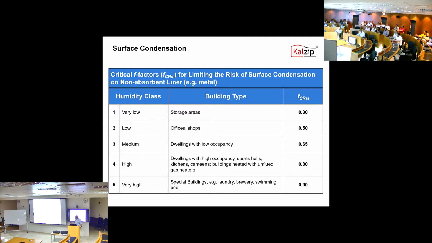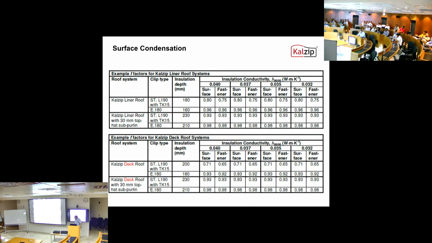And this is the F factor figure, depending on what the building classes are. So you can see if it's high humidity, you need to make sure that the F factor, the internal surface temperature factor, is greater than 0.9. And this is a summarisation of the F factors we've achieved by using the E-clips and aluminium clips, with different insulation conductivities.